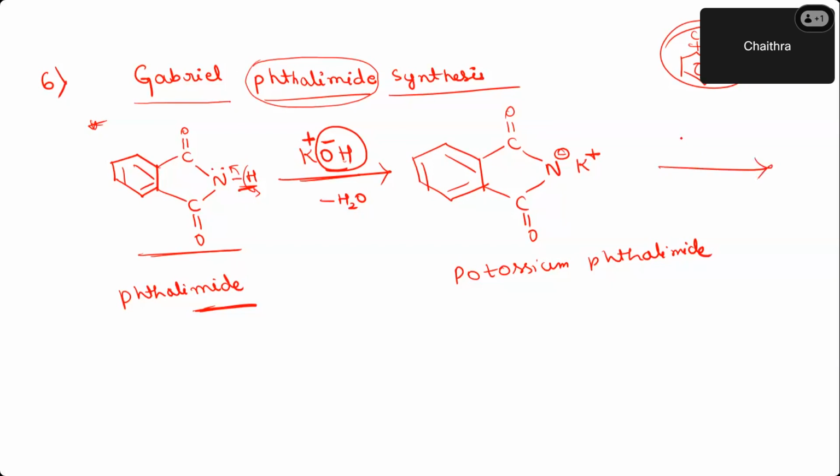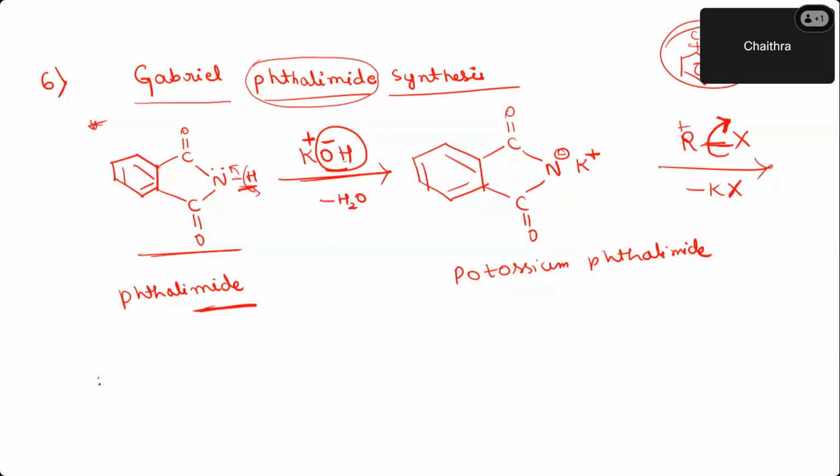Now what will I do? I will take an alkyl halide, RX. Now you tell me, alkyl halide, how does it cleave? It's a polar bond. So X minus, and R plus is there. Now what will happen, do you think? This K plus takes X minus and goes out as the byproduct KX.